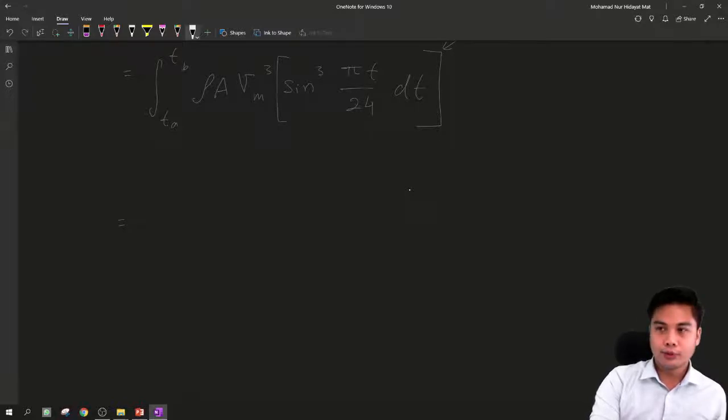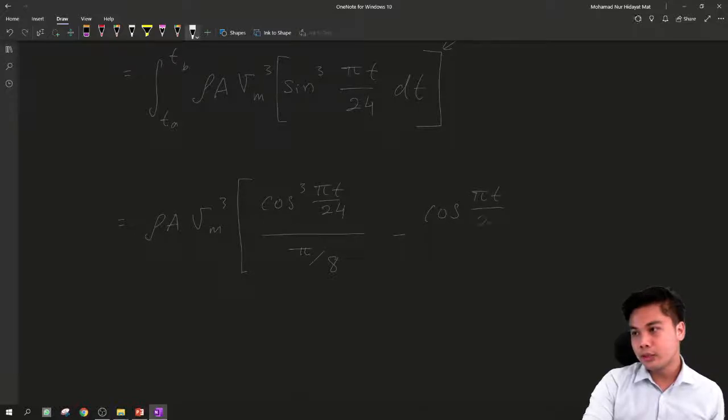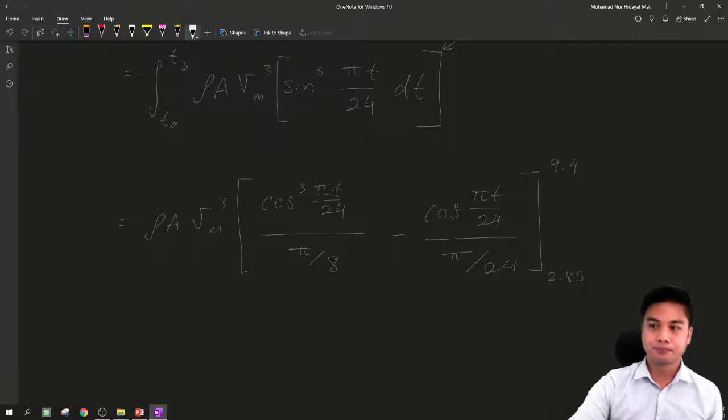So we do the integration. Rho A Vm cubic, and all these finally lead to cos cubic pi t over 24 over pi over 8, minus cos pi t over 24 over pi over 24, from 2.85 hours until 9.5 hours.